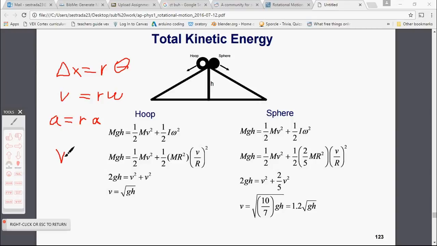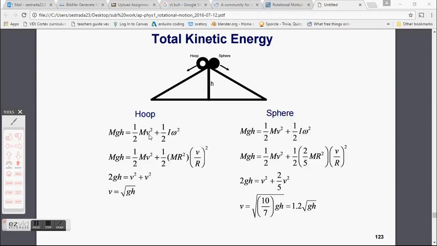So what I can do is velocity over R equals my W. And that's what they did. Every time they had a W, like right here and over here, hopefully you can see my mouse, they plugged in V over R.